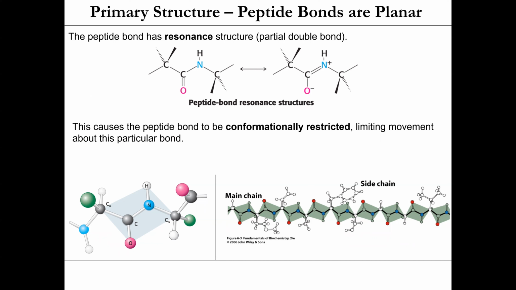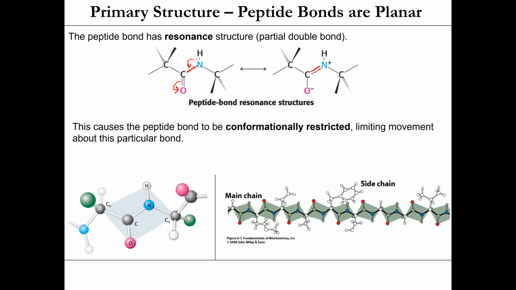Now, another feature of peptide bonds is that they are basically planar in this polypeptide chain because they're a bit conformationally restricted. So the peptide bond, as you can see here between this carbon and this nitrogen, has resonance structure. So it's basically a partial double bond. So you can see these electrons here on this oxygen can come up here, and then the electrons on the nitrogen can come here to form a partial double bond.